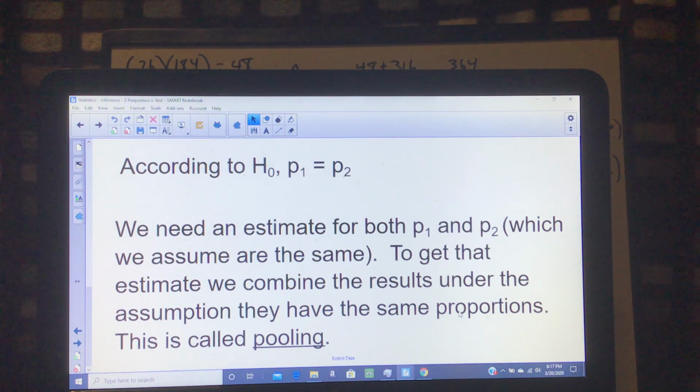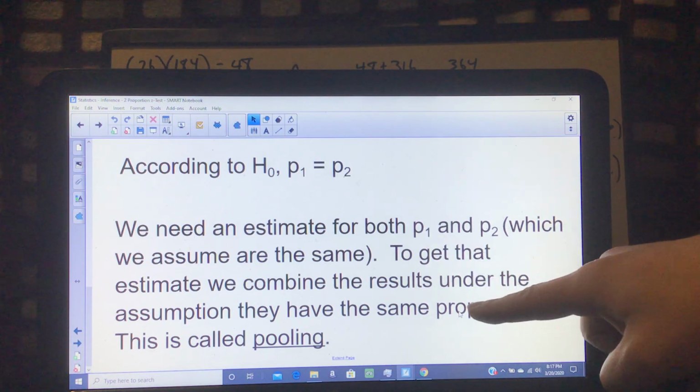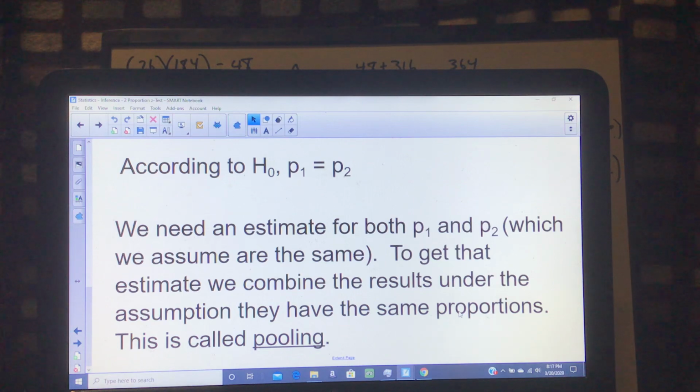So to get that estimate, we combine the results under the assumption that they truly have the same proportion. So we're going to assume, like we did in the null hypothesis, that the young and old people have the same proportion. To do this, we need to do something called pooling, which is to come up with a new number.